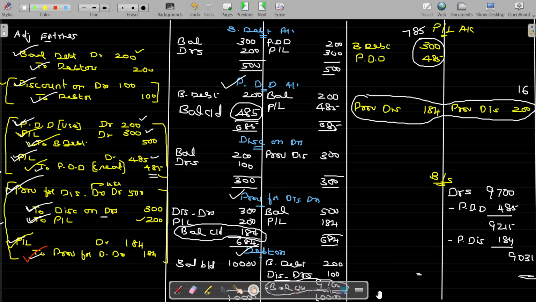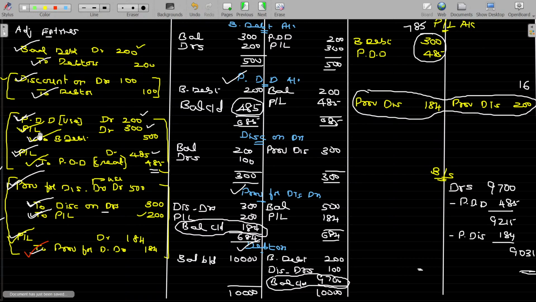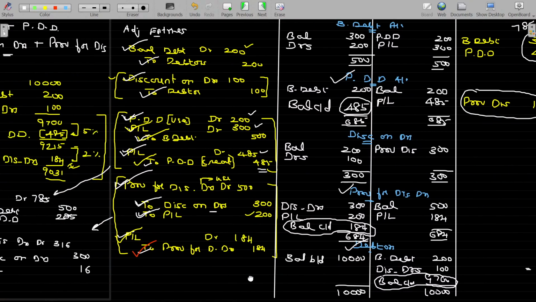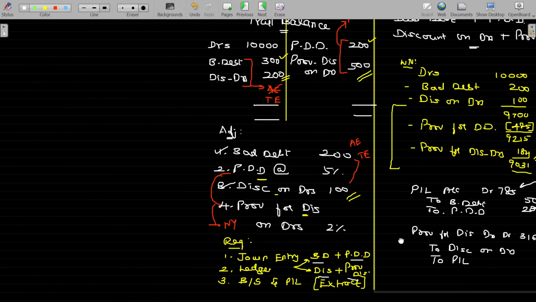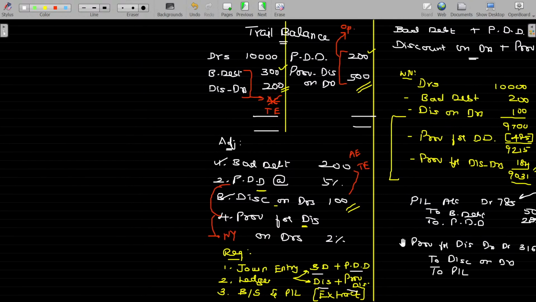Whatever the transactions may be related to the bad debt as well as provision for doubtful debts, you can pass the entries. And after passing the entry, if you prepare the P&L account and balance sheet, you will be getting the exact one. But by skipping the steps here, you can work out this straight away in the balance sheet and P&L account.